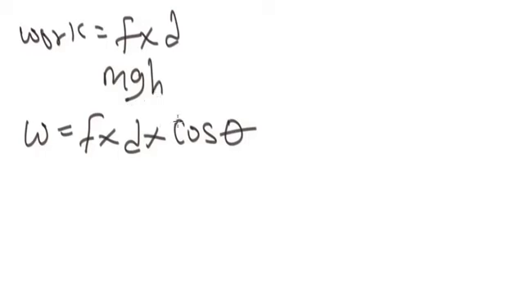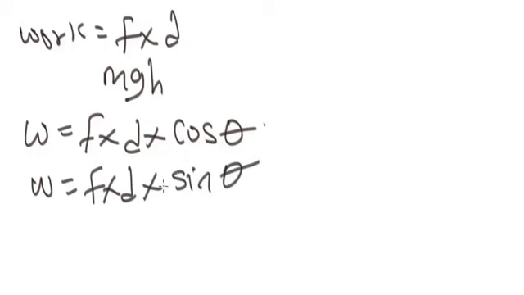Whereas when the force is inclined at an angle to the vertical, the work will be calculated using force times distance times sine theta. So take note of this difference. This one is when the force is inclined to an angle horizontally, whereas this one is when the force is inclined to an angle vertically.